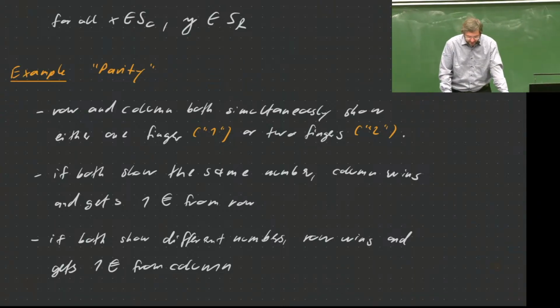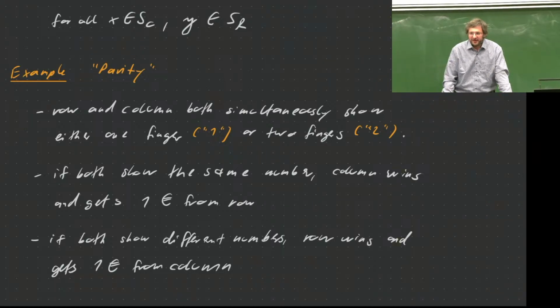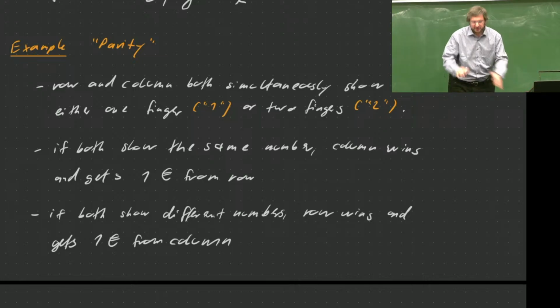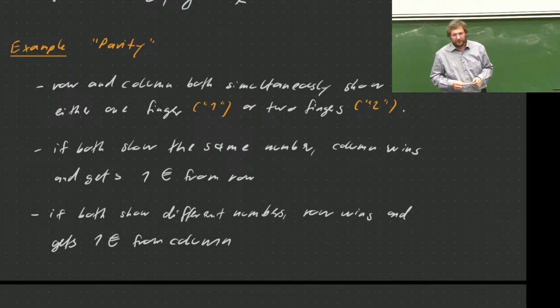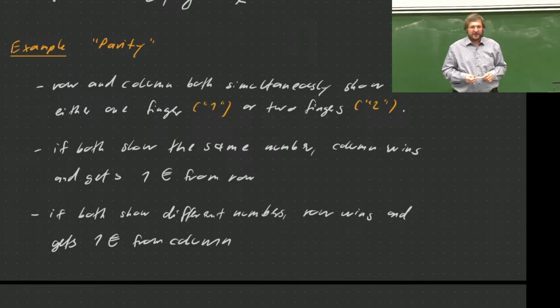If both show the same number, so both show one or both show two fingers, then column wins. So in other words, if the sum of fingers is even, then column wins and gets €1 from row. And if both show different numbers, so the sum of fingers is odd, row wins and gets €1 from column. Right, so that's a classic zero-sum game. One player gets what the other pays.